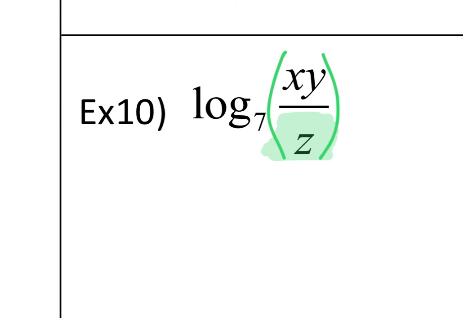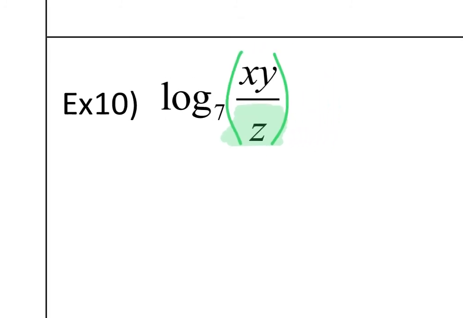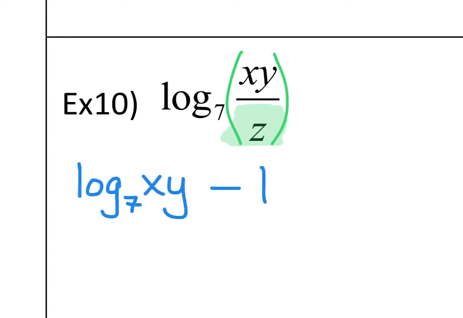And so you could write this problem out like this as your first step. I might not do this problem in multiple steps, but you're welcome to do so. But what I want you to think of here is that it's the log of the numerator, log base 7 of xy, minus log base 7 of z.